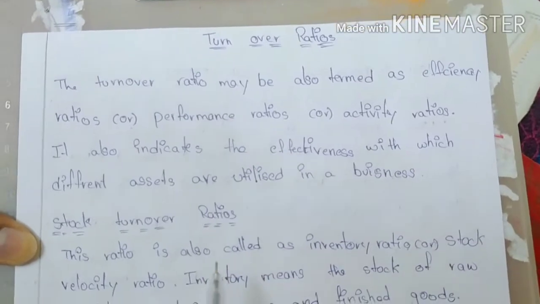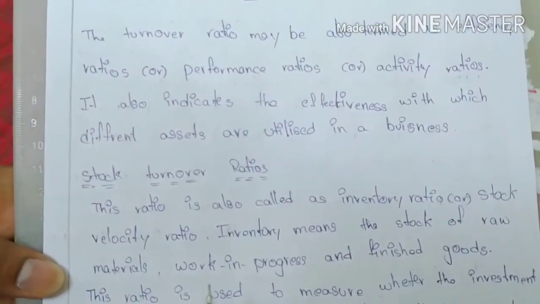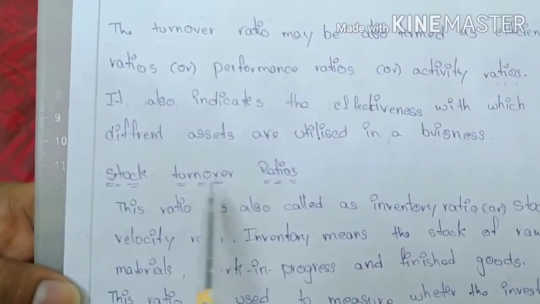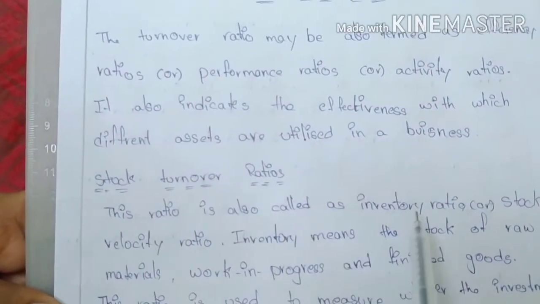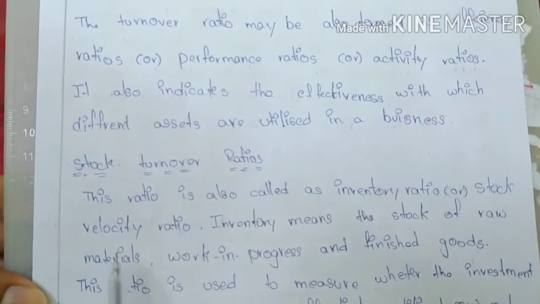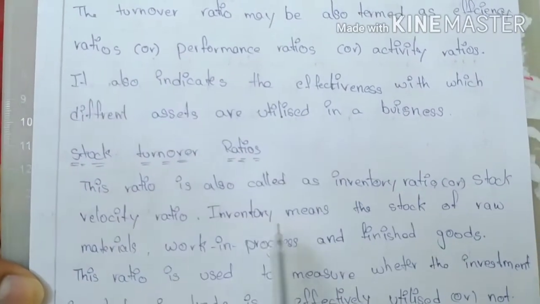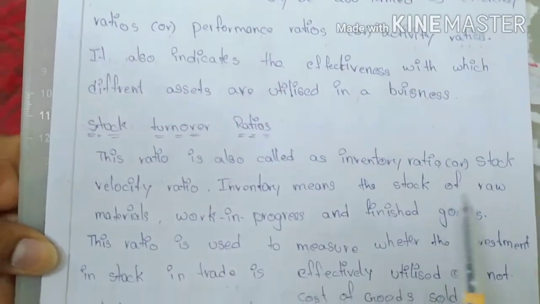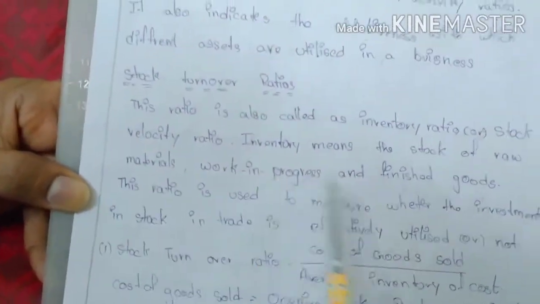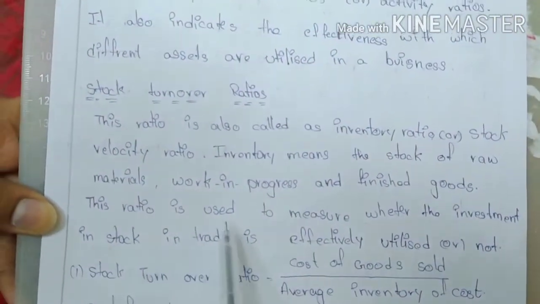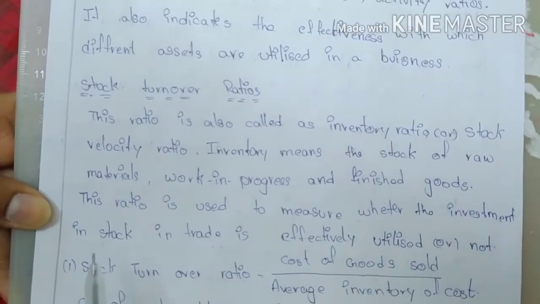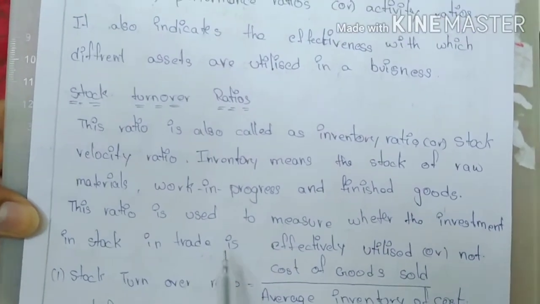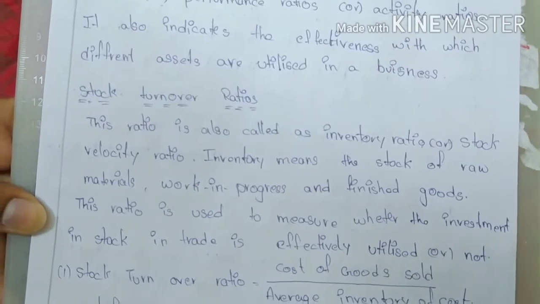The first one is the stock turnover ratio, also called the inventory ratio or stock velocity ratio. Inventory means the stock of raw materials, work in progress and finished goods. This ratio is used to measure whether the investment in stock in trade is effectively utilized or not.